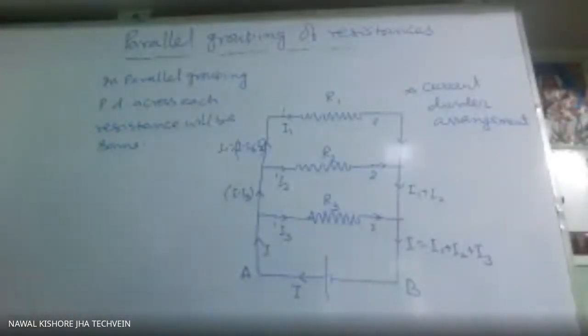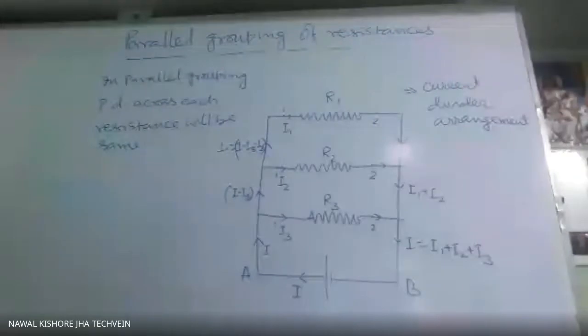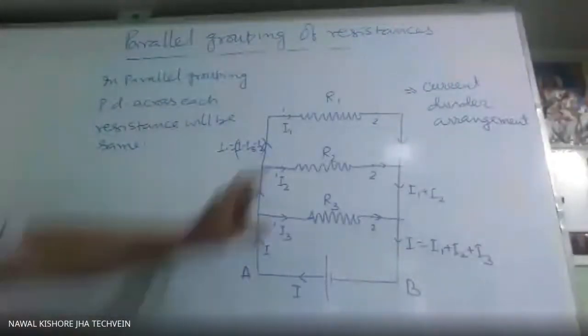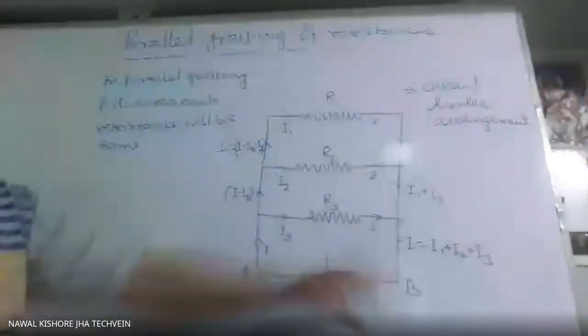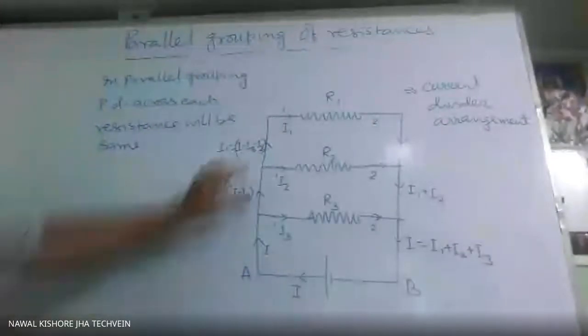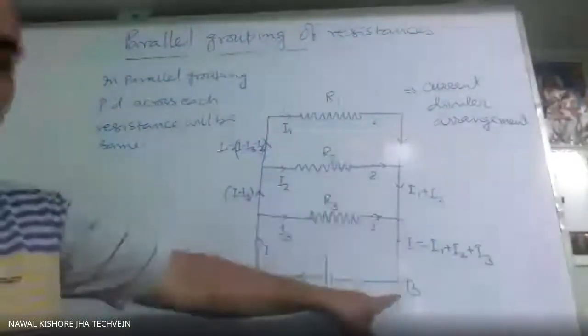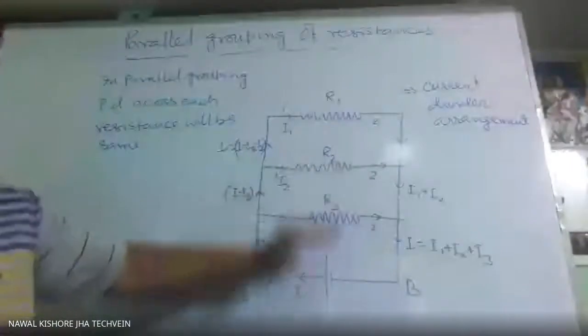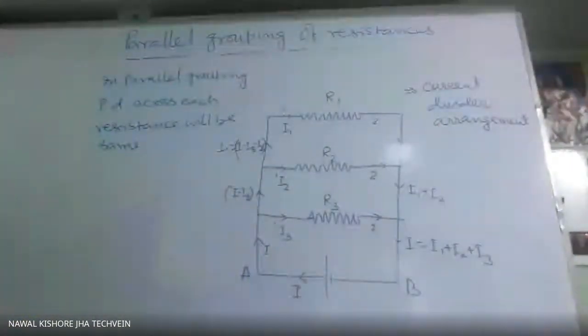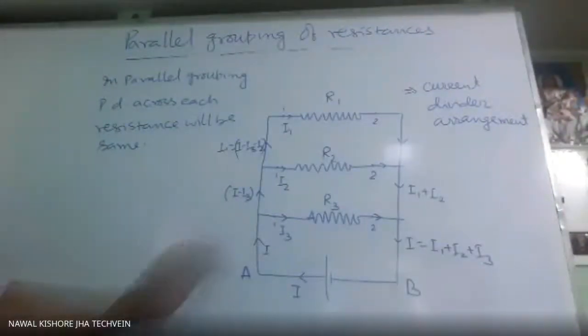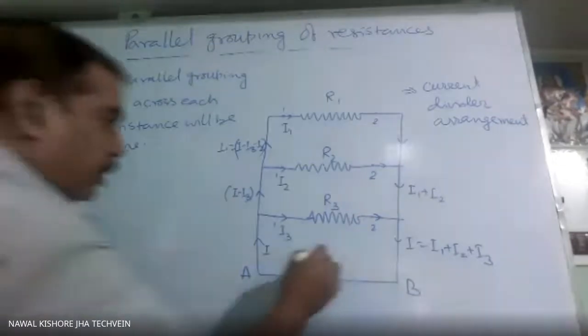And that is how to identify. If potential difference across two resistances is the same, that is, they are connected between the same points, one end connected to A, other end connected to B, of R1 also, R2 also, R3 also, then only we will say they are in parallel. So potential difference will remain the same here.